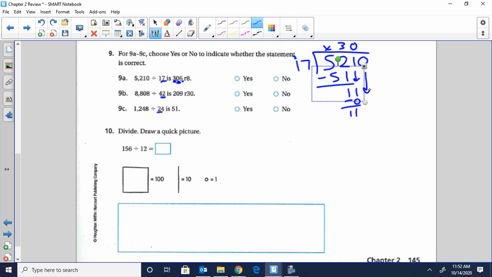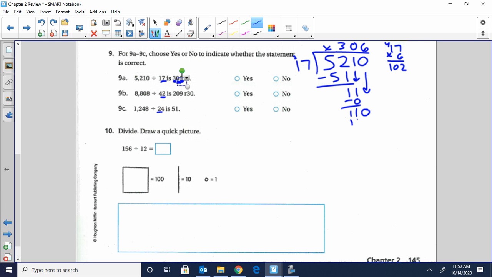Bring down my 0. 17 goes into 110. Well, we need it to be 6 times, so we're going to try 17 times 6 to see if that's as close as we can get. 6 times 7 is 42. 6 times 1 is 6, plus 4 is 10. That is indeed as close as we're going to get.